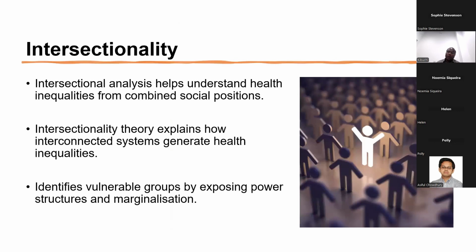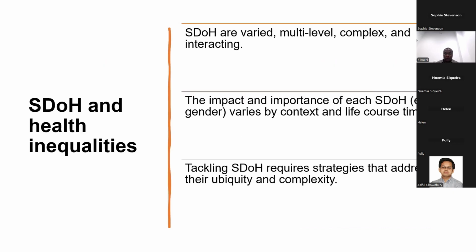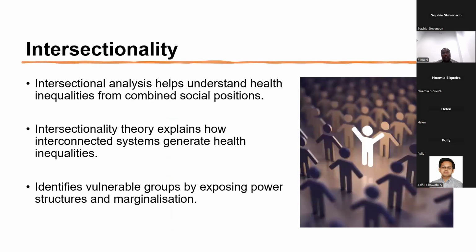And that's where intersectionality comes in, because it helps us understand these health inequalities from combined social positions. What I mean by combined social position is where I can combine factors from the individual, household, community, all the way to the national level, and understand how they drive health inequalities.